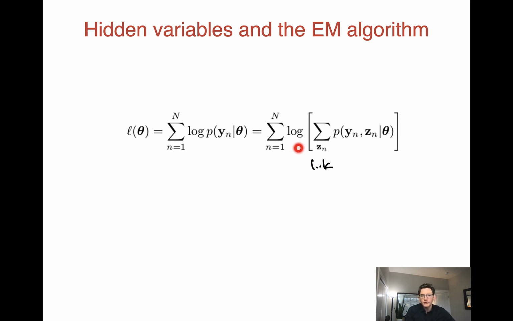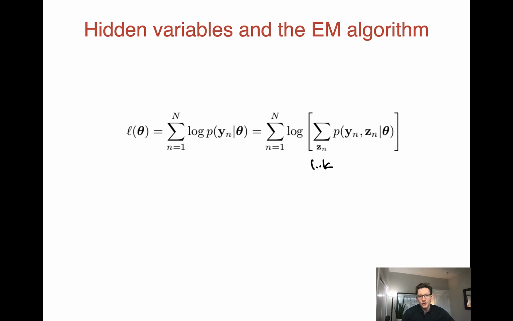Certainly we can't push the log inside the sum. The log is outside this sum because this sum used to be a product, right? This is the log of a product of probabilities, and this is an actual sum, not a product. So just take a second and try to take the derivative of this thing. You'll realize that you don't get anywhere. It's really hairy.